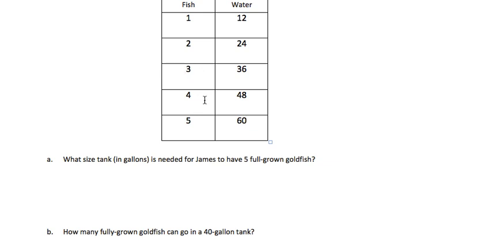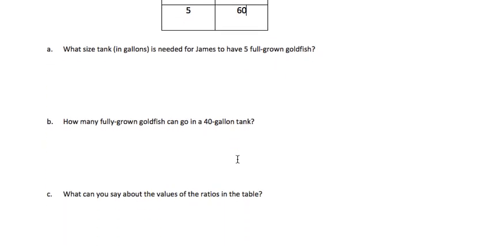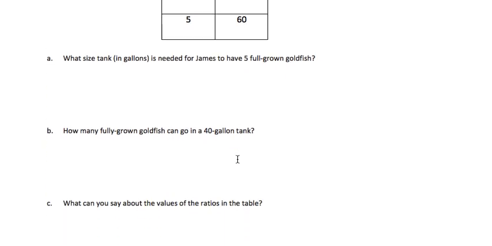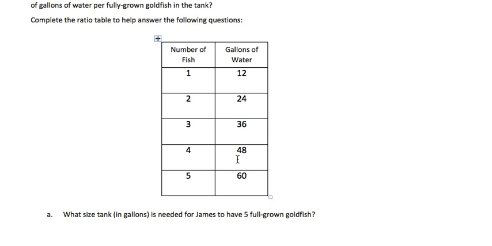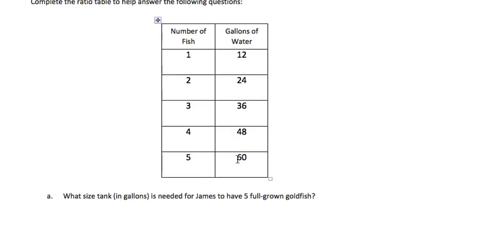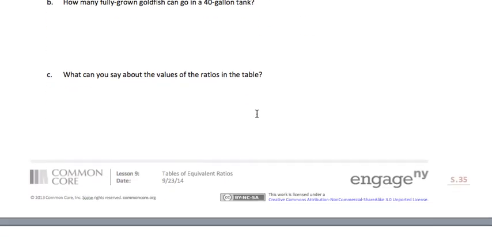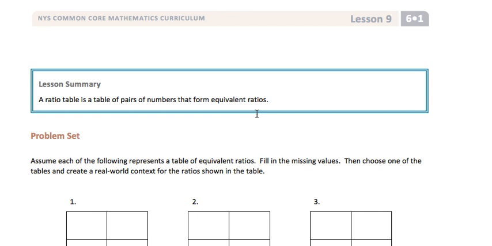It is not large enough to handle 4. The values of the ratios in this table are all equivalent to 1/12 because they all simplify to 1/12. Please complete the problem set so you are prepared to move on.